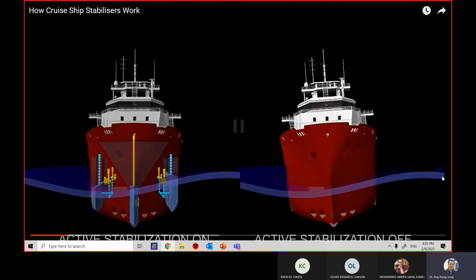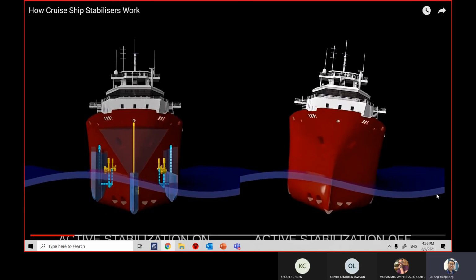On the left here, you see a ship with a ballast system that can go up and down for left and right. And then this one is without the stabilization. So in a modern ship, you have an active system like this. You see how the system works.